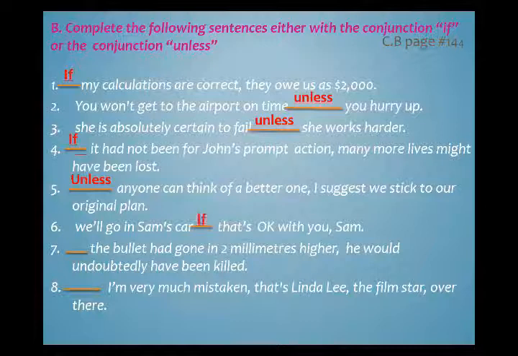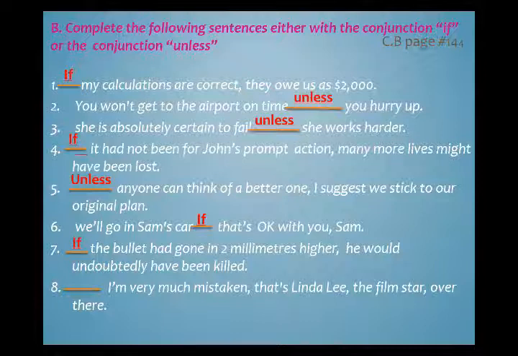Now we have number six: we will go in Sam's car if that's okay with you, Sam. We have used if as a conjunction. Number seven: if the bullet had gone in 2 millimeters higher, he would undoubtedly have been killed.